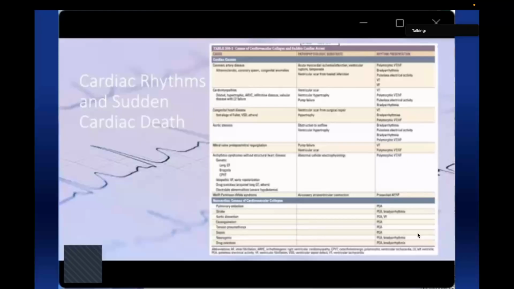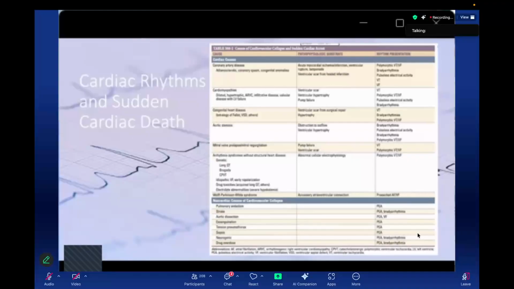Okay, in terms of the causes of your cardiovascular collapse and sudden cardiac arrest, you have here the different cardiac causes. Of course, as I mentioned, coronary artery disease is the most common cause of sudden cardiac arrest, with atherosclerosis, coronary spasm, and some congenital anomalies. Next you have your cardiomyopathies, congenital heart disease, valvular heart problems.